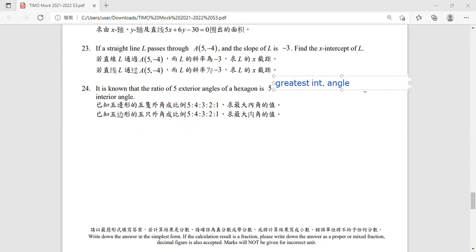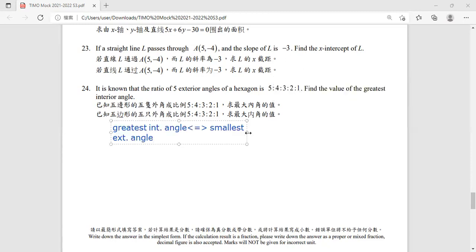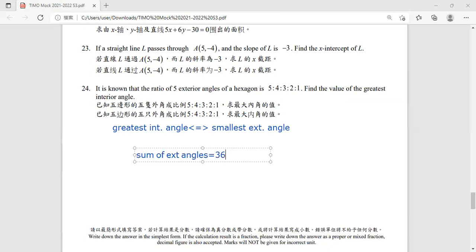Actually, it means the same. So how can you find it? You just divide, because the sum of exterior angles is 360.